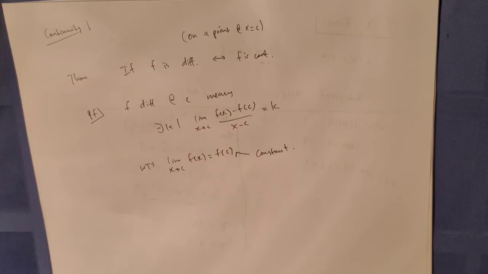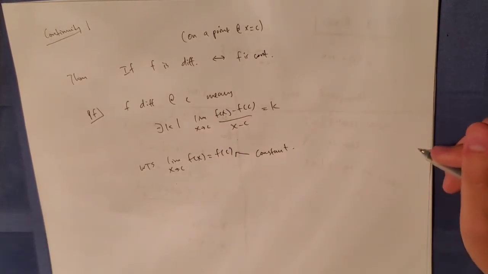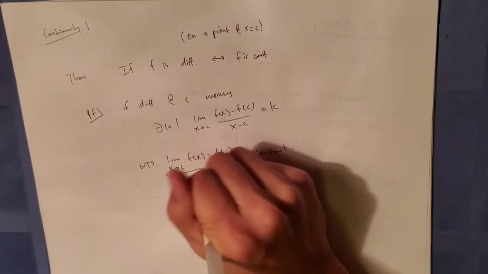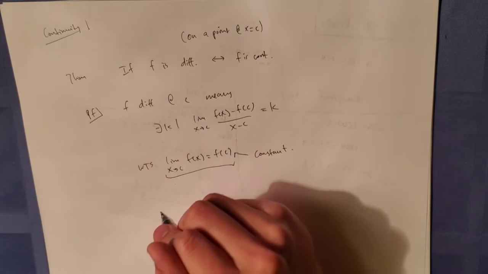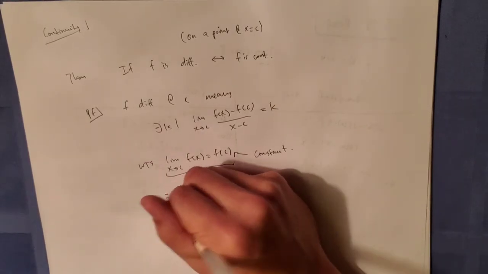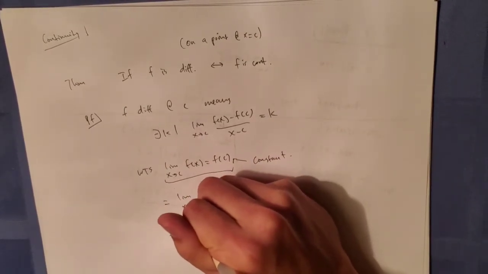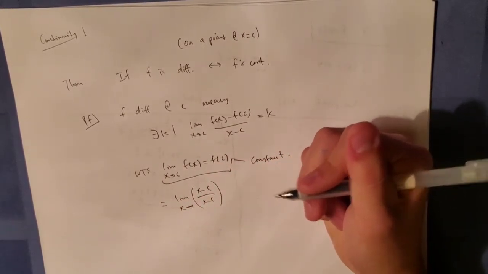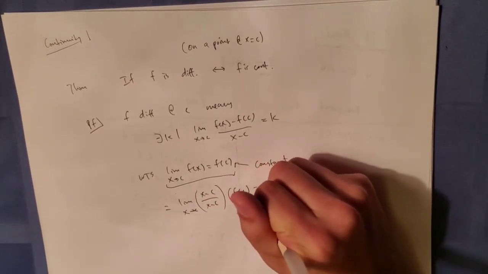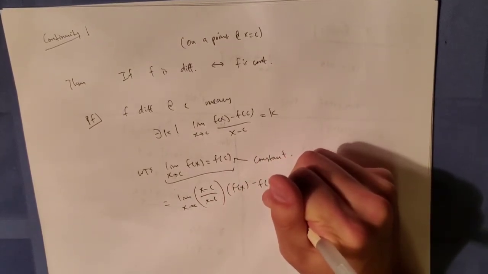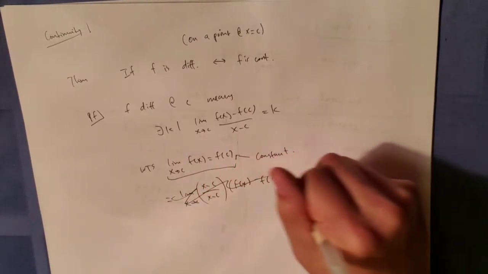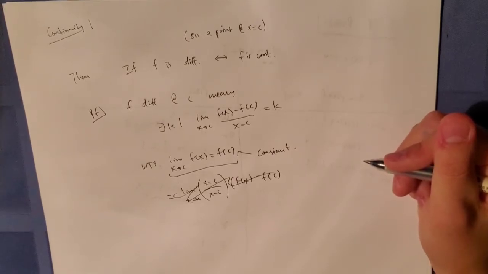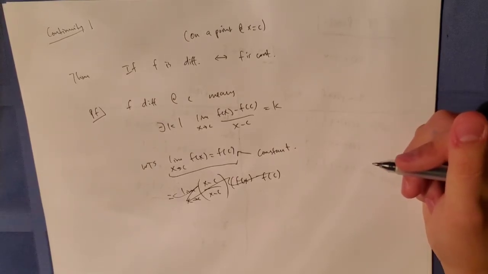That should make more sense. Well, we're gonna do this direction first. We're gonna assume that this exists. Alright. If this exists, then that means the limit equals the limit as x approaches c of x minus c over x minus c, right? This is just the value of 1 times f of x minus f of c. Wait, no. Alright, it's just me struggling now. Oh, I see.